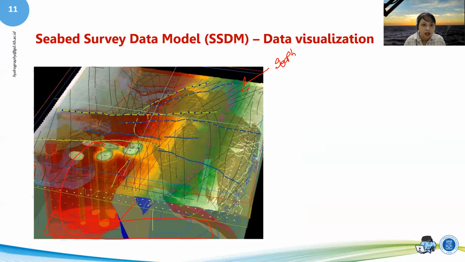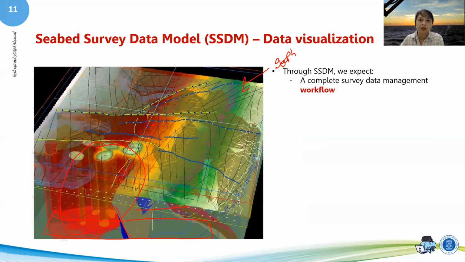So you can see some borings in here. You can see some other three-dimensional surface below it. So the idea of having the data visualized in here is to make several layers of data that you can actually visualize. So through SSDM, we expect to have a complete survey data management workflow.